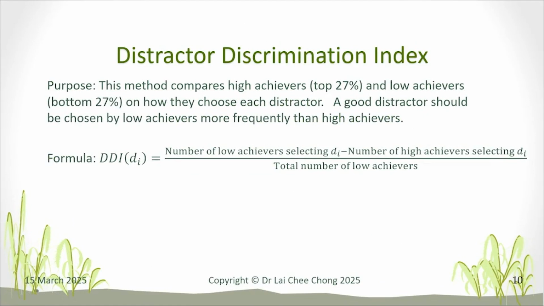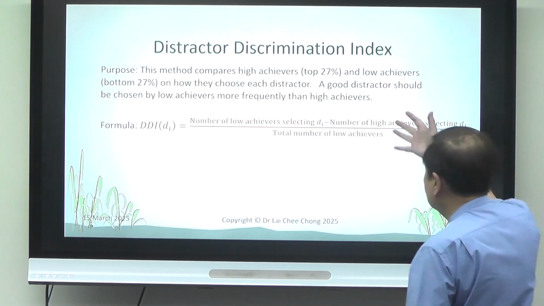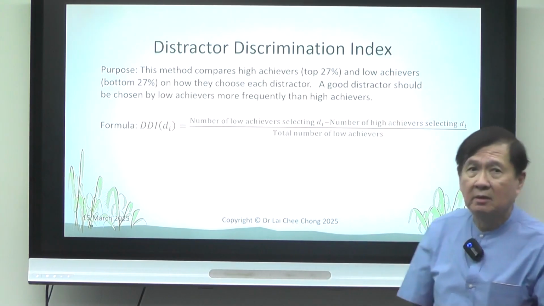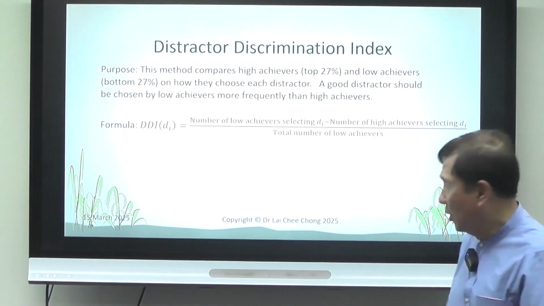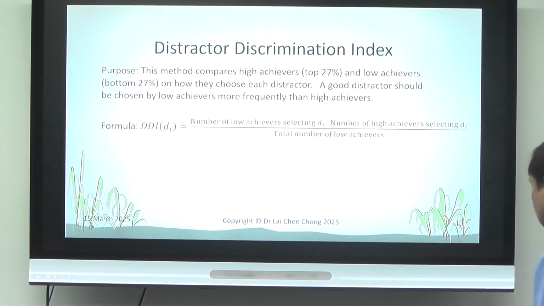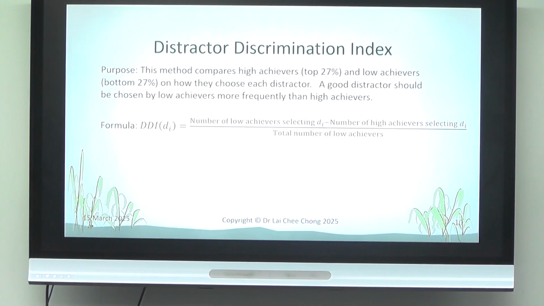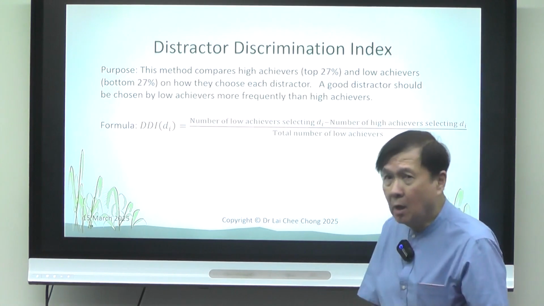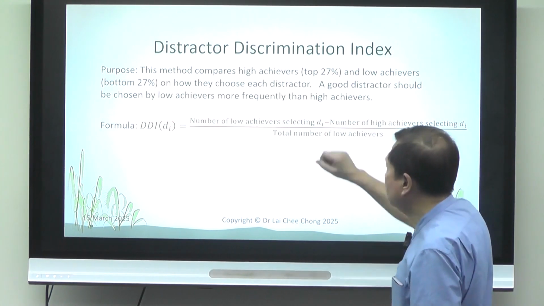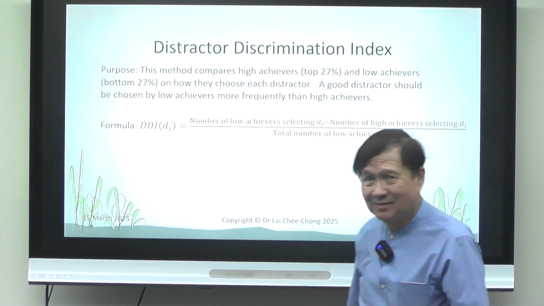Now, we are going to use the distractor index to distinguish the high achievers and the low achievers. It's the same, we still take the 27% as the cutoff line when you have 100 students. Now, instead of looking at the correct answers, we look at how they choose each distractor.